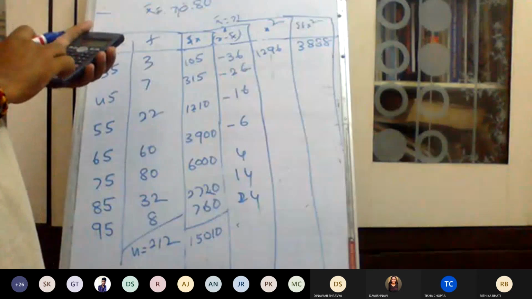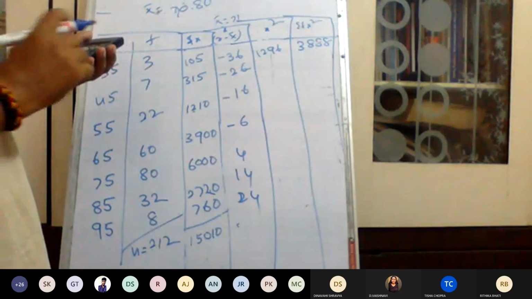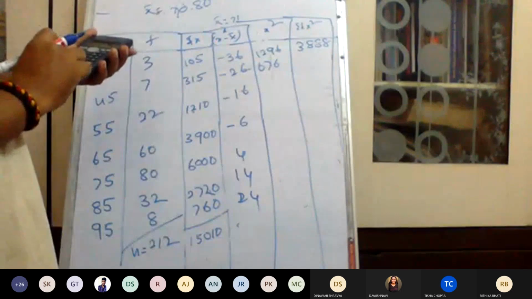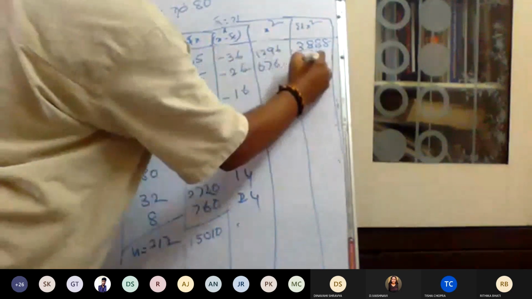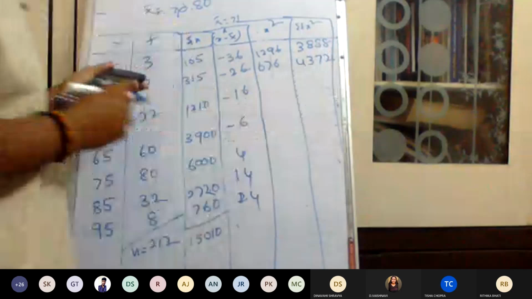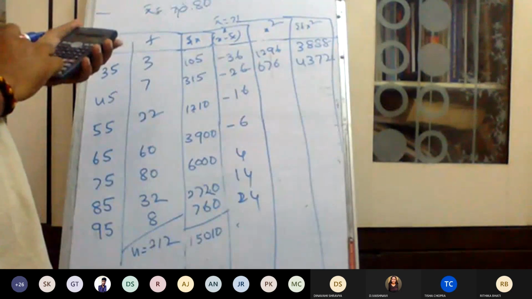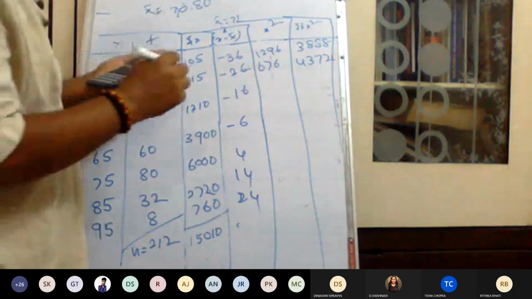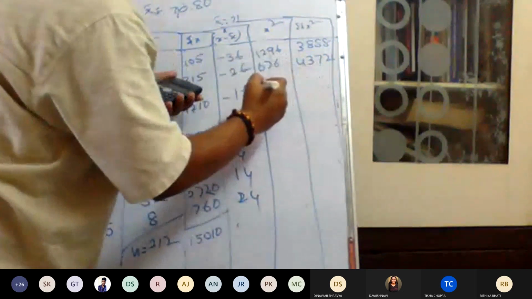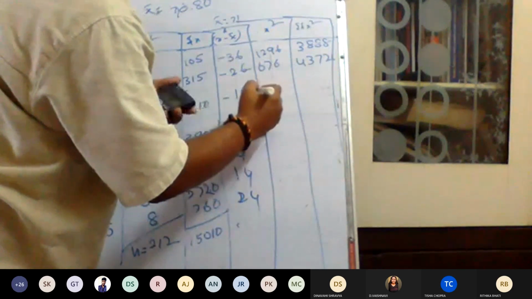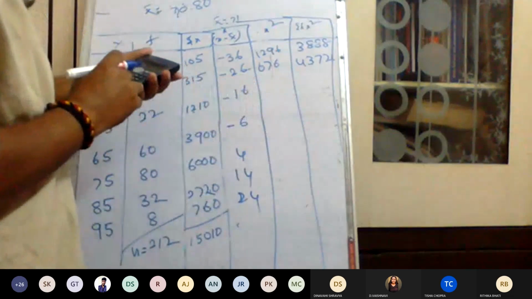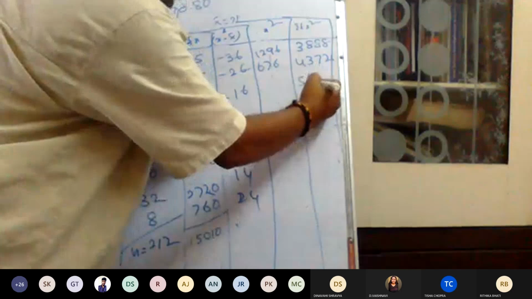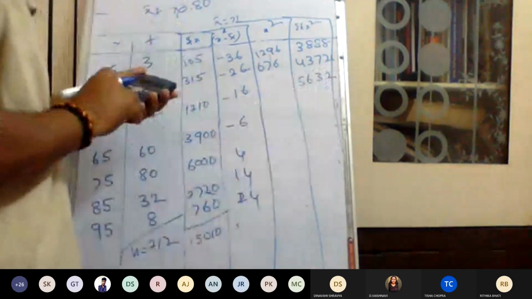Next, 26 into 26 is 676, into 7 is 4732. 16 into 16 is 256, into 22 is 5632.